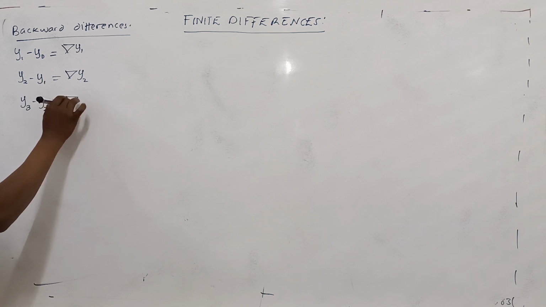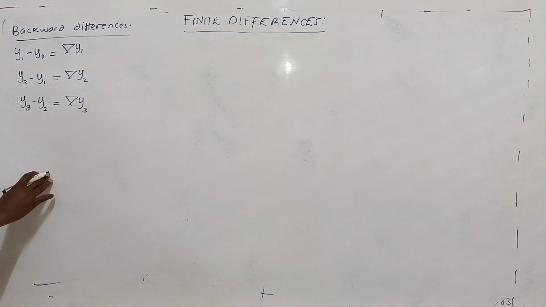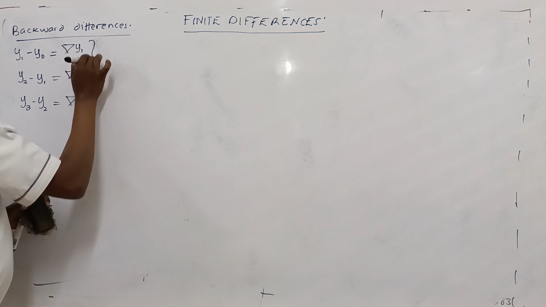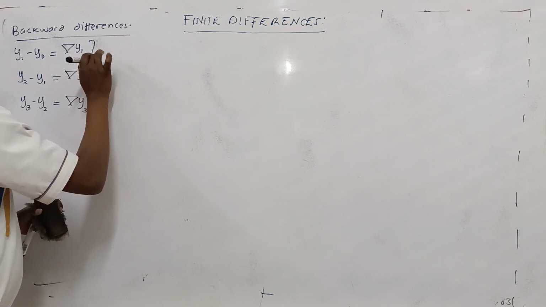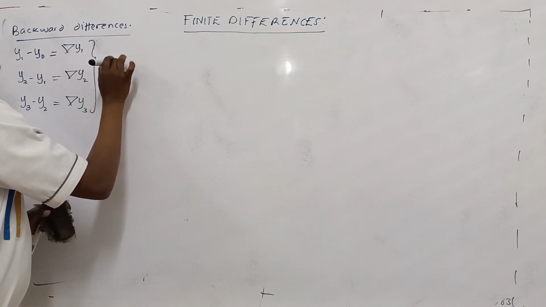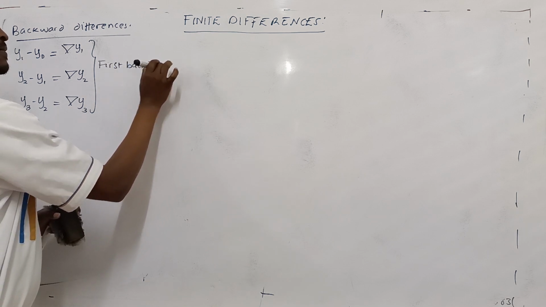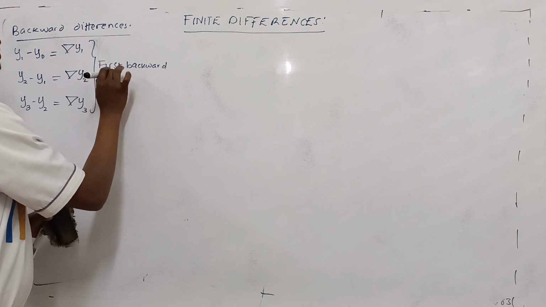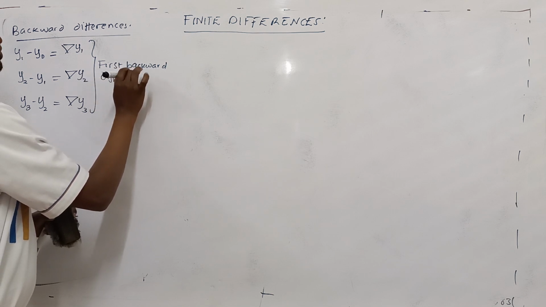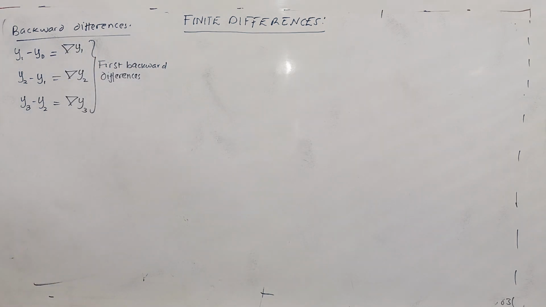This is the first backward difference of y3, and so on. These are called the first backward differences.